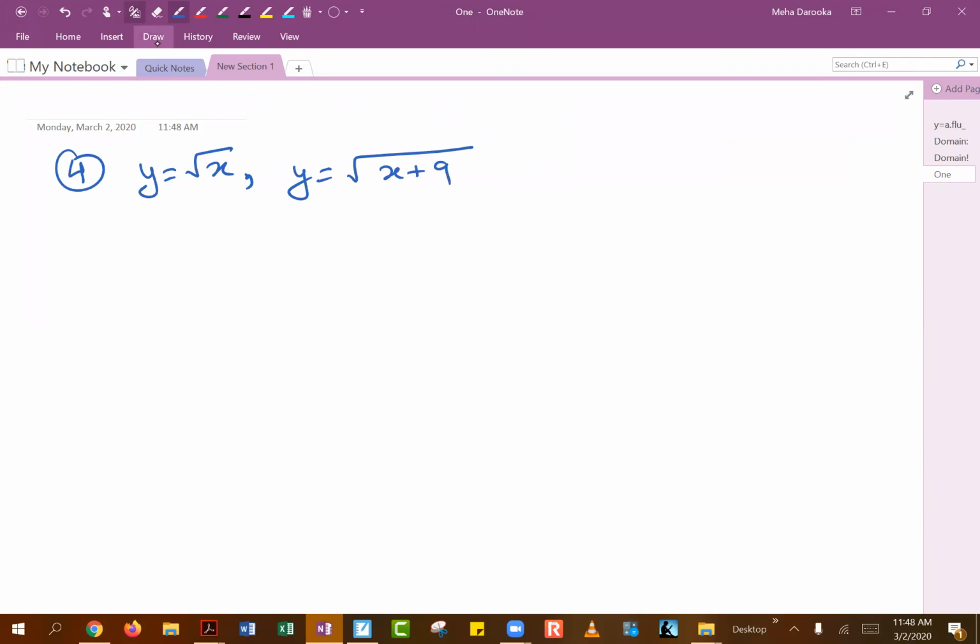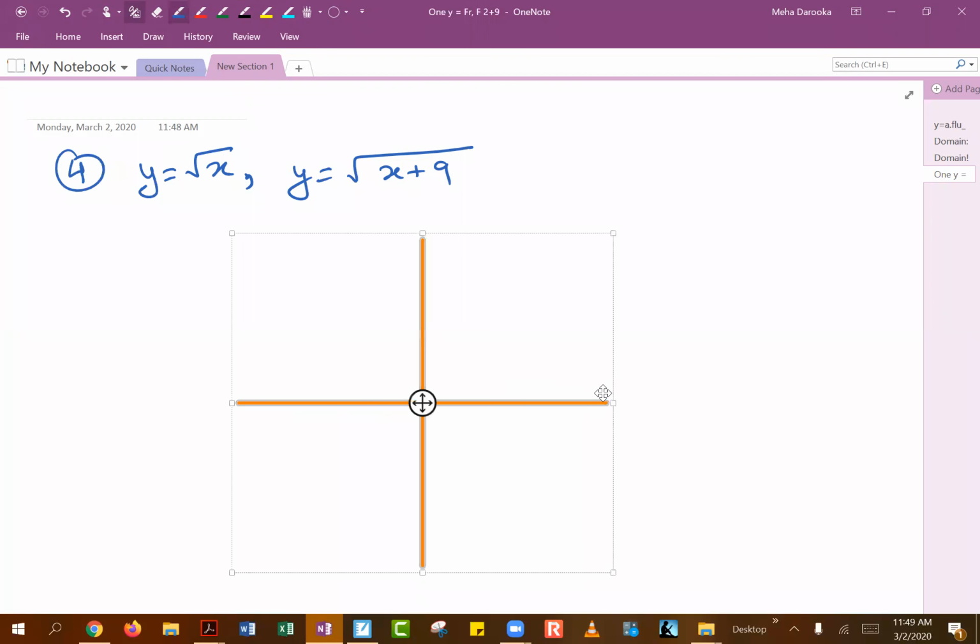Okay, let's do our grid. Okay, so we need 1, 2, 3, 4, 5, 6, 7, 8, 9.